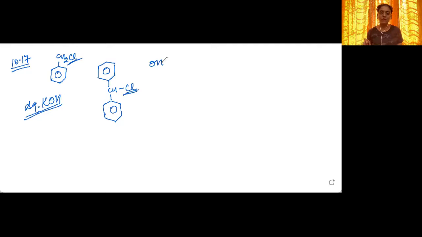It will get converted into alcohol. Now there are two types of mechanisms which can occur here: nucleophilic substitution SN1, nucleophilic substitution SN2. Any of the two can occur. Now, if we consider SN1 mechanism, it follows the carbocation formation.